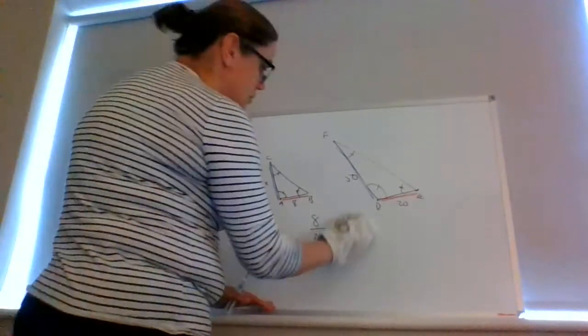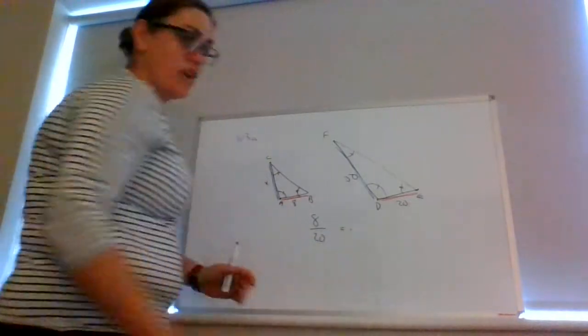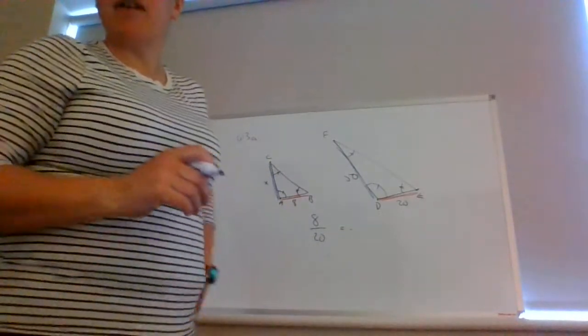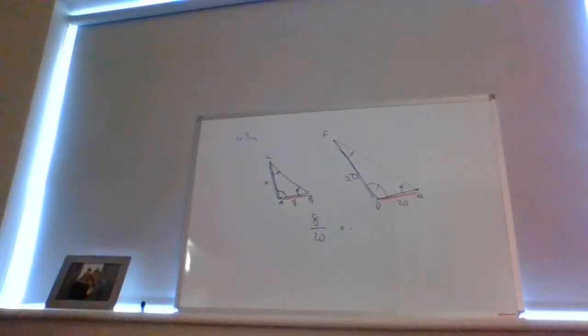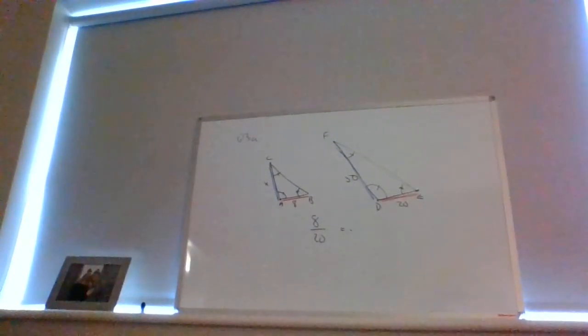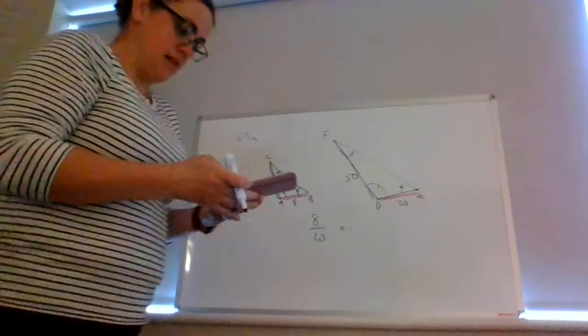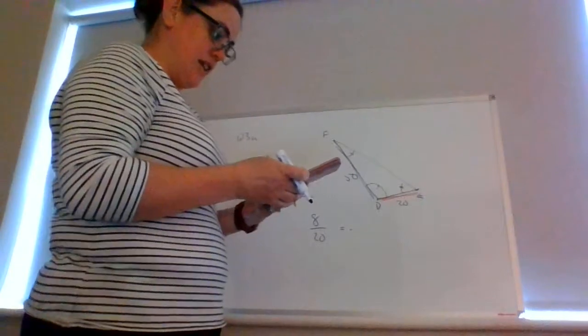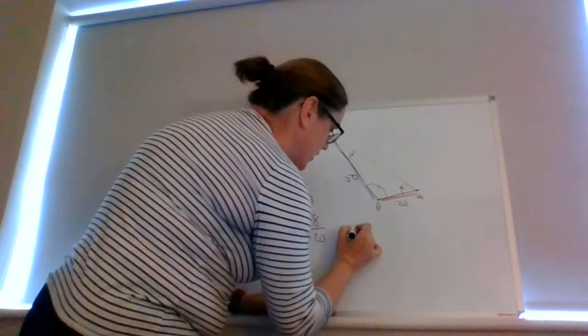So what I would do is just go 8 over 20, and I would type 8 divided by 20 into my calculator, and I would get 0.4.